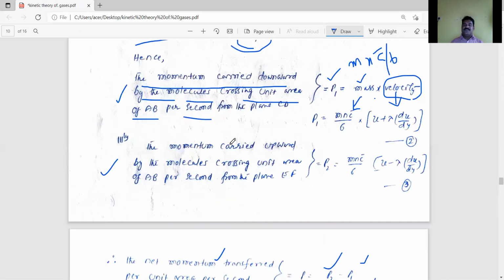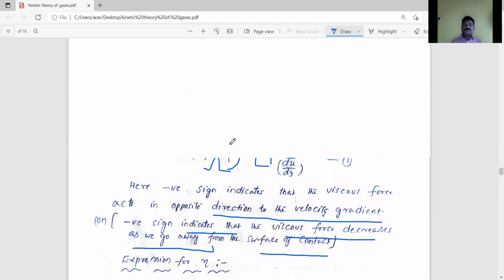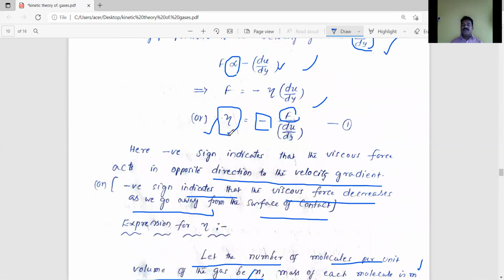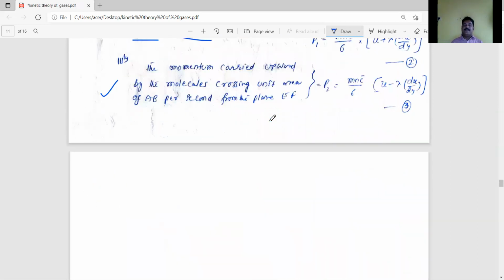What is equation number 1? Eta equal to minus f by du by dy. This is the velocity gradient and this is the viscous force. So, in place of the viscous force, you substitute the net momentum, because net momentum itself acts as a viscous force between the layers.